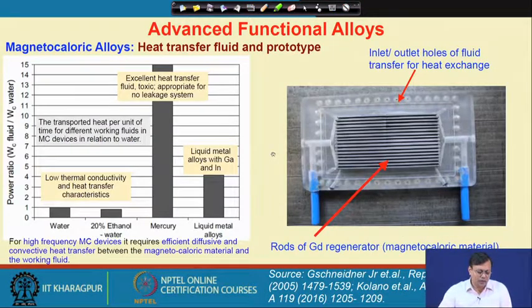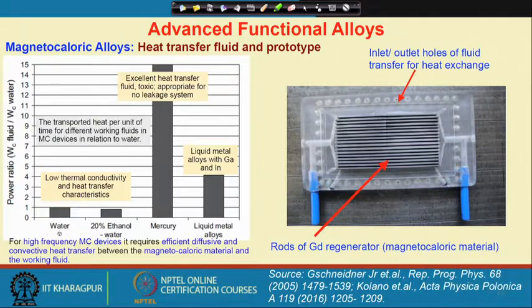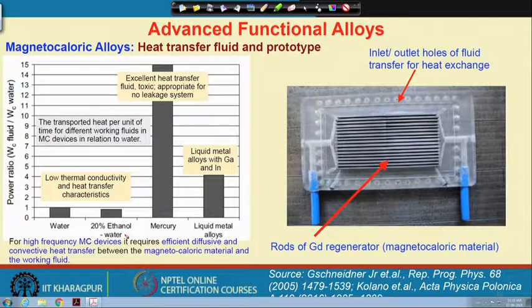And we also need to think about the media which extracts the heat at the hot or cold junction, and water if it is considered as the fluid medium. Different fluids like water plus ethanol can be compared with water through the WC power ratio, which is the WC of the fluid over the WC of the water. So, water has the value one because we are just comparing with water.